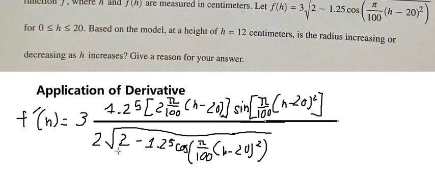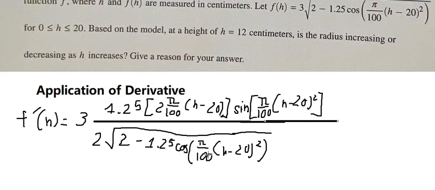Because first the derivative of number 2, this is about the constant, so you got about 0 in here. First the derivative of cosine, you got about negative sine, that's why we have another negative in here. Negative with negative, you got about positive. 1.25 we put in here, and this is about the sine after we do first the derivative.